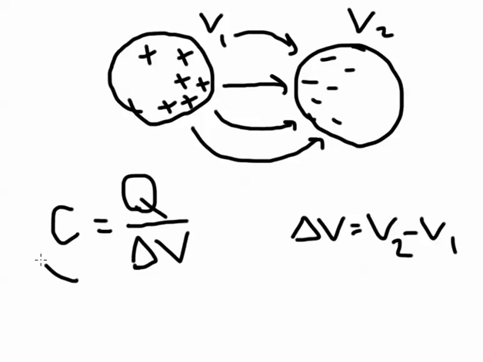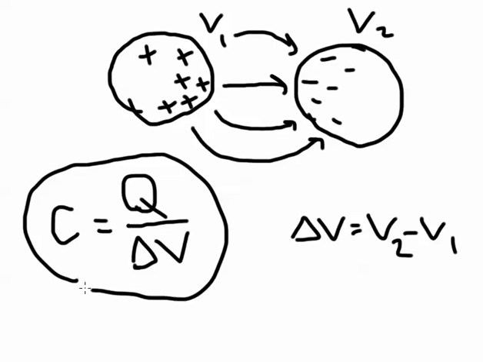Now, there may not be a nice formula for it. So with these two spheres, it's not the same formula for the capacitance as it was before, but it does have some capacitance. And if we double the amount of potential difference, then it will double the amount of charge that's stored on the capacitor.